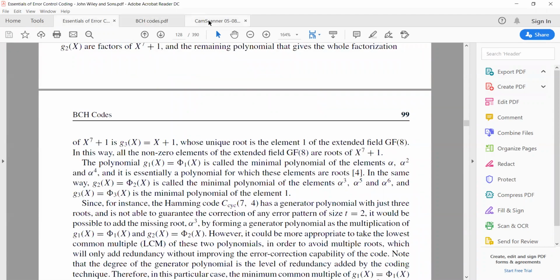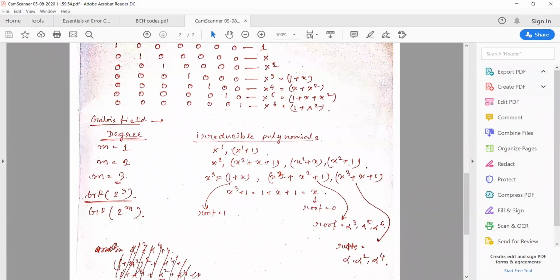In that book, 1 plus x is considered as g3x, 1 plus x cube is considered as g1x, and 1 plus x square plus x cube is considered as g2x.